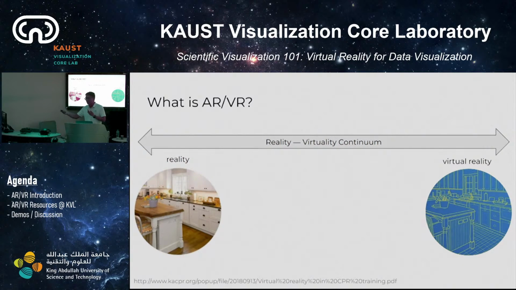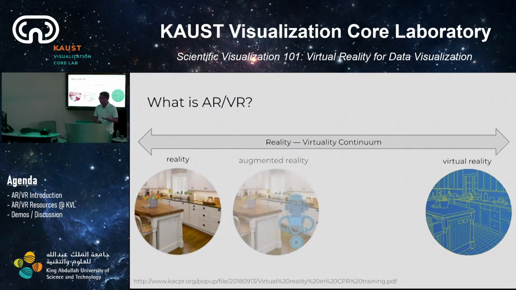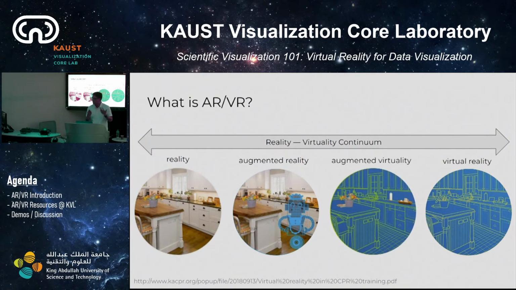On the other end, you have virtual reality, where you're fully immersed, all around you is virtual. Then you have the in-betweens: augmented reality, where you bring virtual into the real world, and the less popular, but still there, augmented virtuality, where you bring real into the virtual. Okay? So today we'll focus on virtual reality and augmented reality.